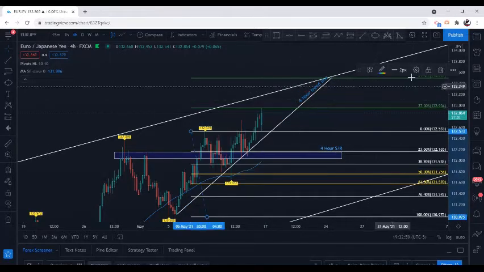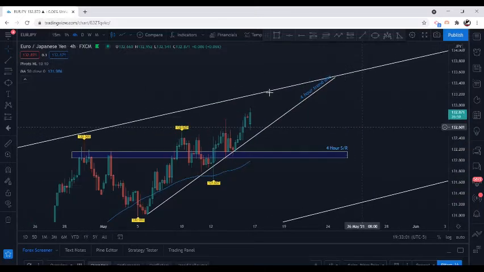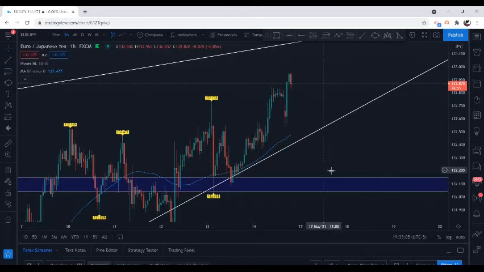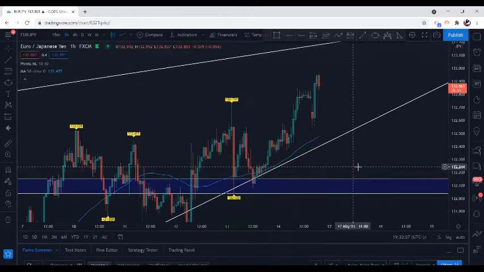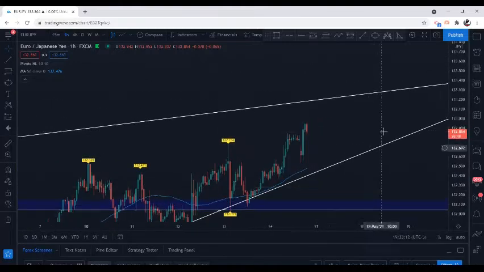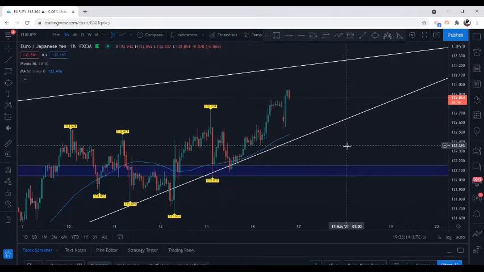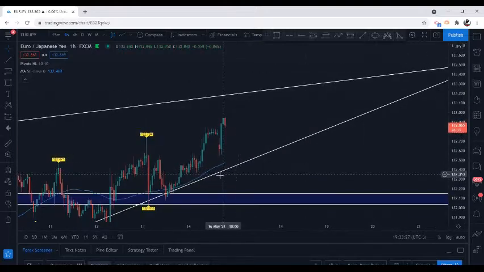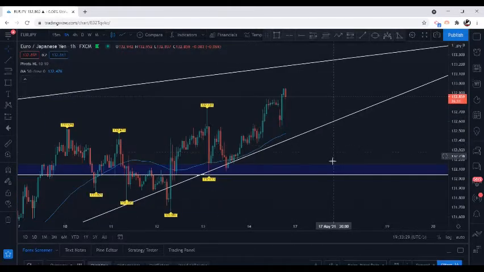So for this upcoming week, I am bullish on the Euro JPY pair until price reaches up into this level, where I would look to see if price is trying to break this trend line or reject it to come back down on this 4-hour trend line that we have here.